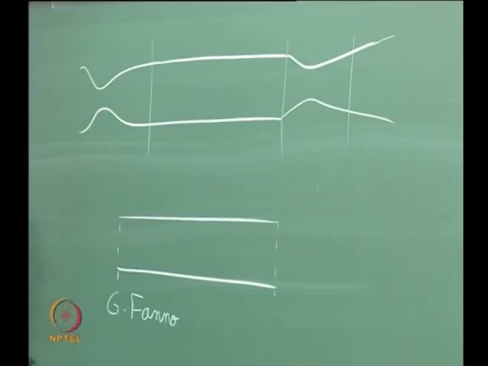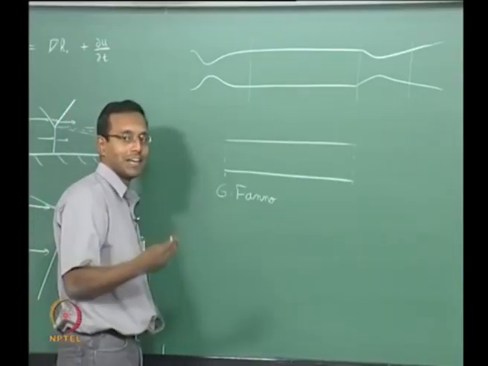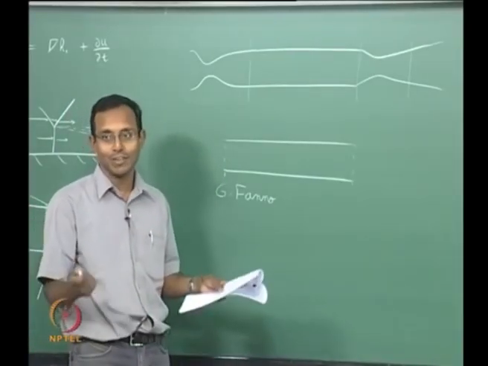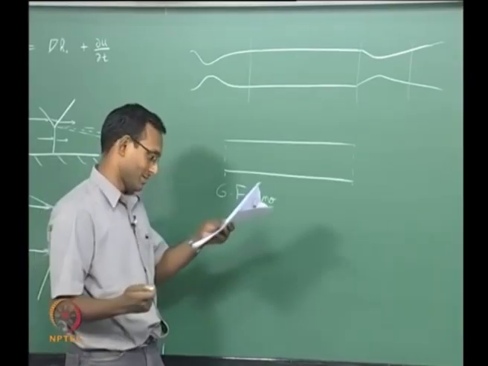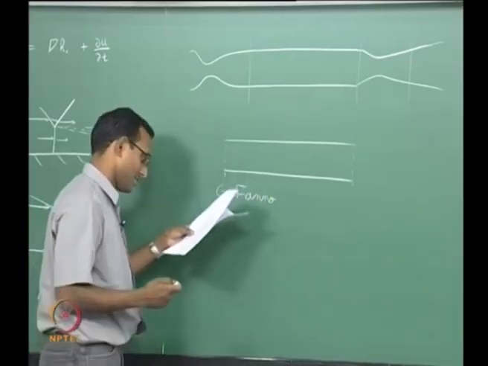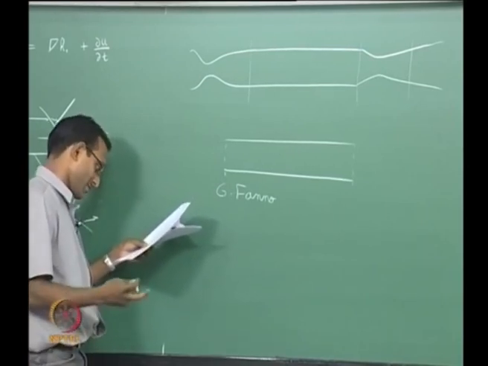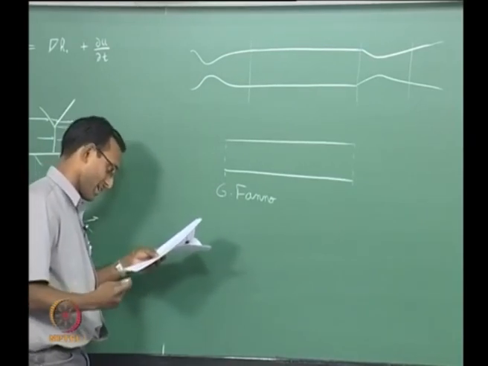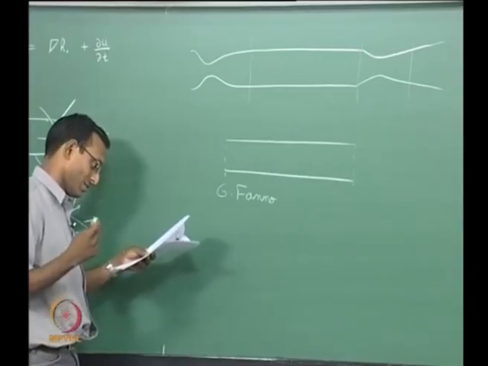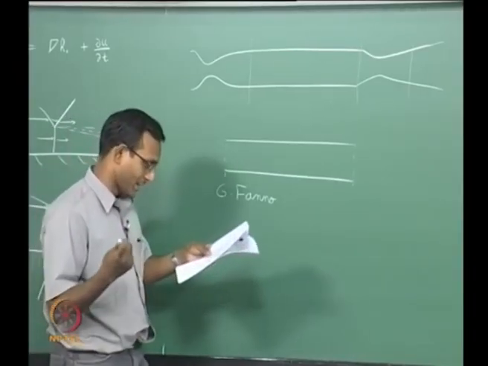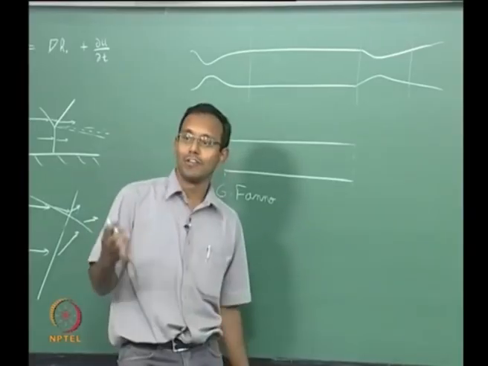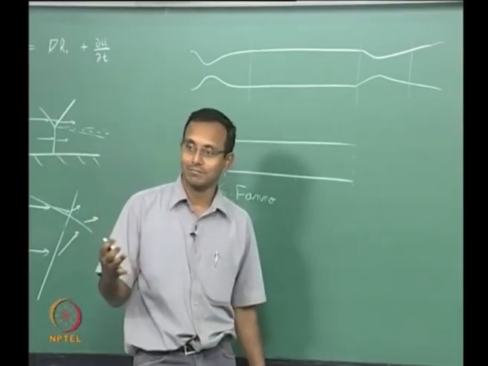What are the assumptions? I am going to say it is a constant area duct, steady 1D perfect gas flow in an adiabatic condition. Okay. Steady 1D perfect gas flow in constant area adiabatic duct with no body force or mass addition.